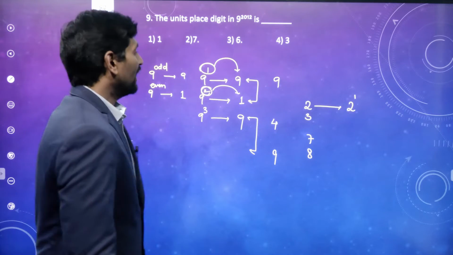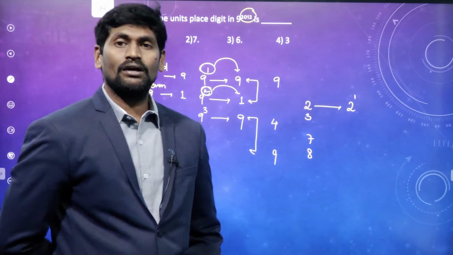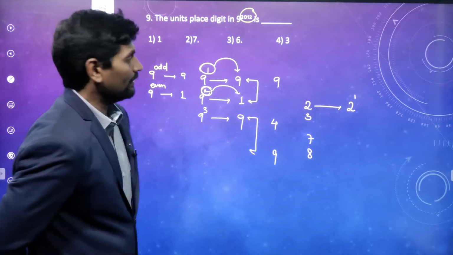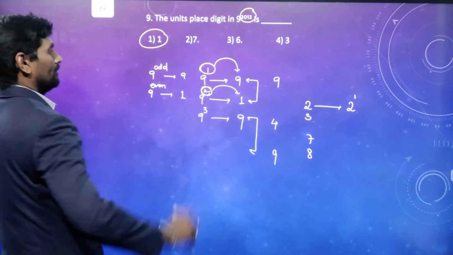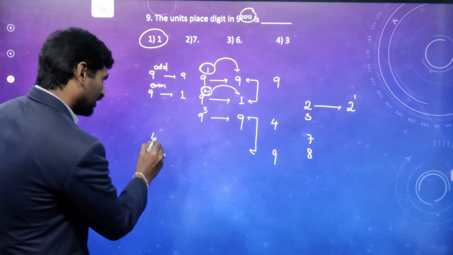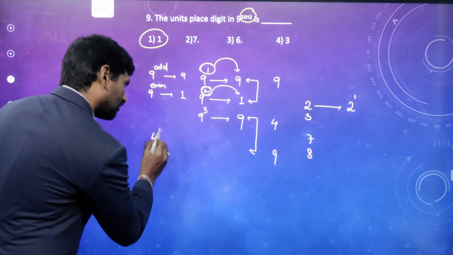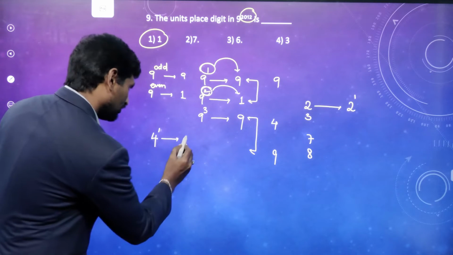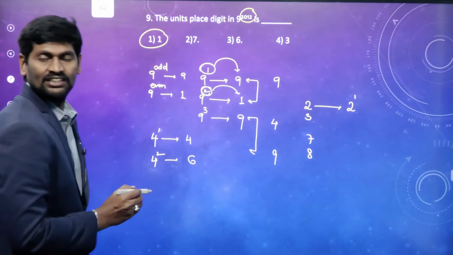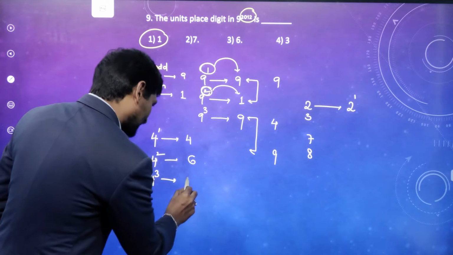Now let us see 9 to the power of 2012. Is 2012 an even number or an odd number? Very good. It is an even number. So its unit digit will be 1. Okay? Same way, what about 4 power even number and 4 power odd number? 4 power 1 is 4. 4 square, 4 fours are 16, so unit digit is 6. 4 cube means 4 into 4 into 4, 64.